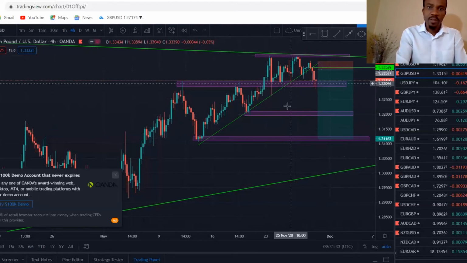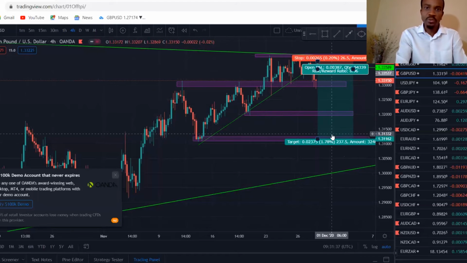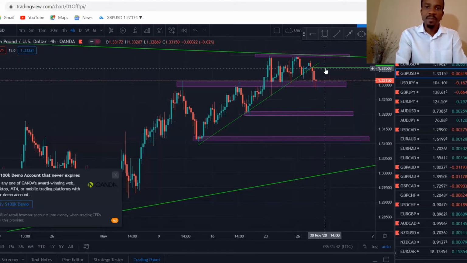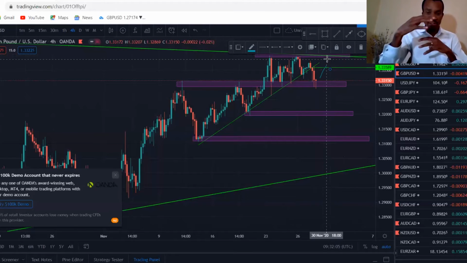So first target. If price comes to this level, then we'll be shooting to the downside. But if price comes here and breaks to the upside, if price then comes to this level and begins to consolidate here, and then shoots to the upside, price will be going back to test this level again.